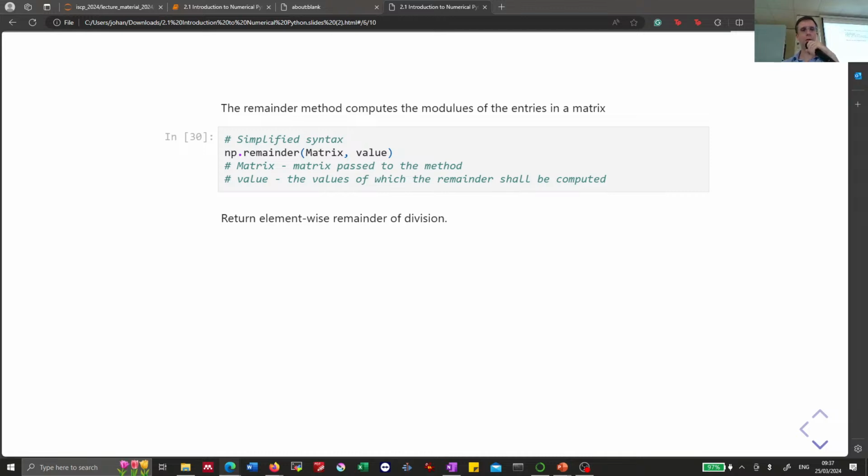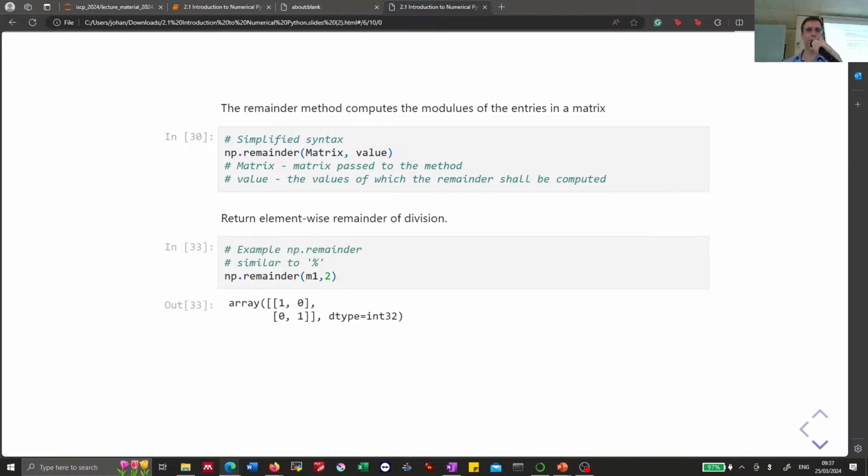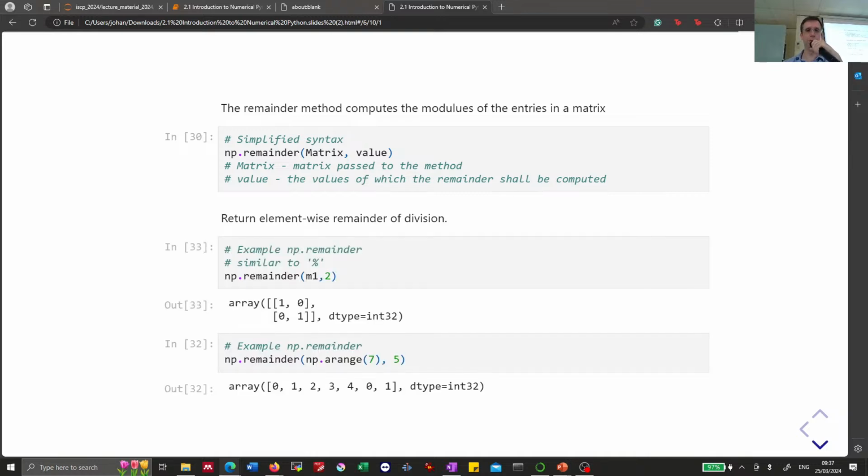Okay, so the remainder operation we saw. Here is the example using a numpy function. The first argument is the matrix or array. The next one is the value we want to find the remainder for. And one remainder 2, easy. Here's a good example, I think. Numpy arange 7, so we get 0, 1, 2, 3, 4, 5, 6.